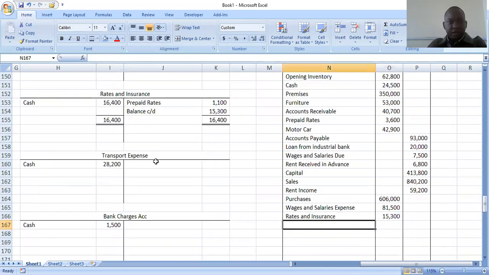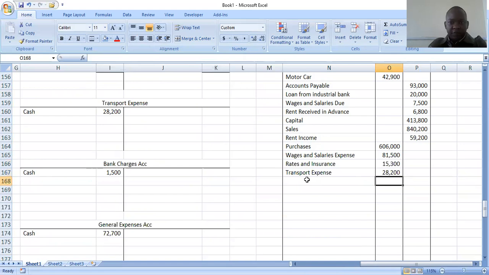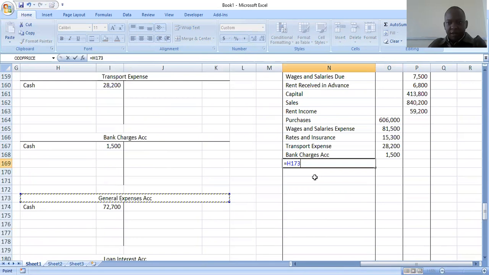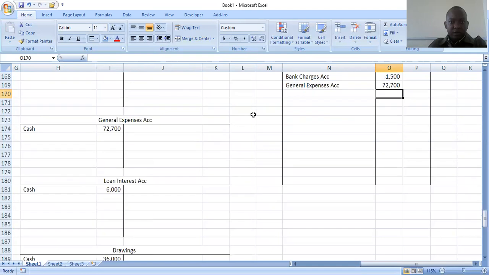Then you have transport expense, which should be a debit balance, so 28,200 being an expense. Then you have bank charges, which should also be a debit balance being an expense, so 1,500. Then you have general expenses, which is an expense, should be a debit balance. Then you have loan interest, which is also an expense, therefore should be a debit balance.